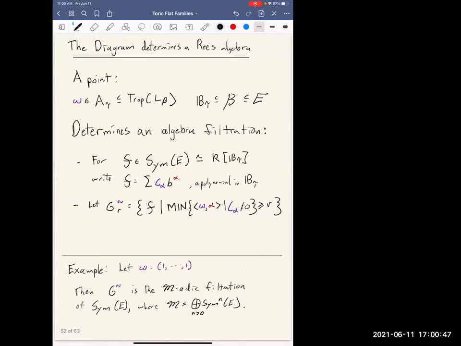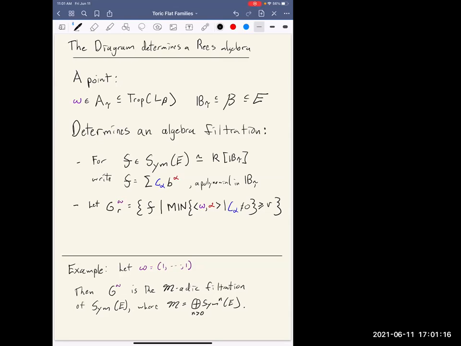So here's how the Riesz algebra comes about. So if we're given a point in our tropicalized linear space, which lives in our favorite apartment A, then if you recall, that apartment has an associated basis. And when you give a basis of this vector space, what you do is you're given a recipe for writing elements of its Sym algebra as polynomials in your basis.